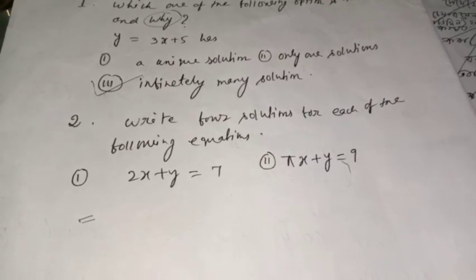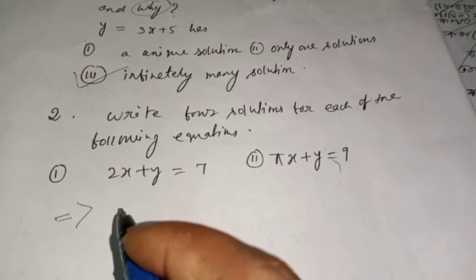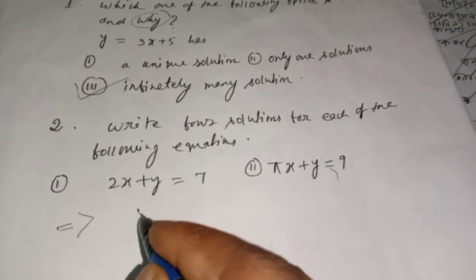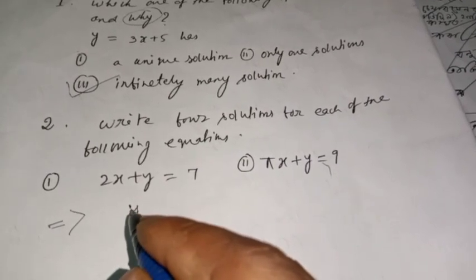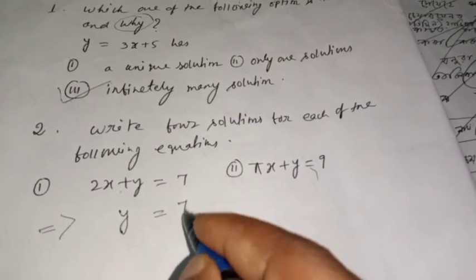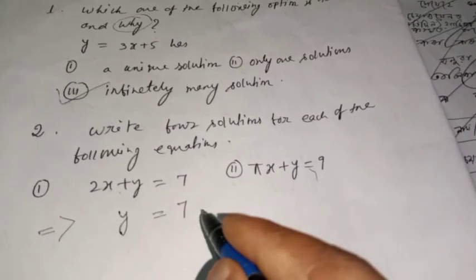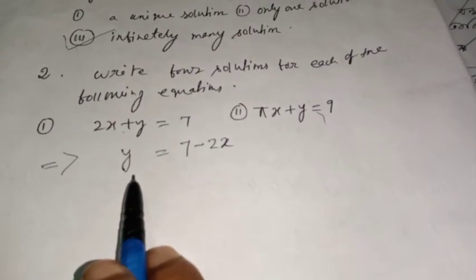Do you understand? Suppose I am going to write it in terms of x. Then y should be alone on the left hand side, and you write twice x on the right hand side, meaning 7. When you transfer twice x to the right hand side, it will be minus. Now is y alone or not?